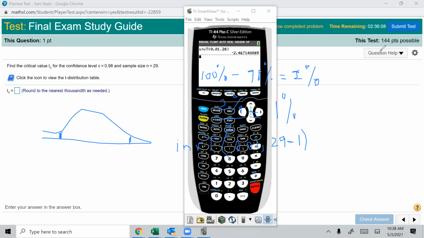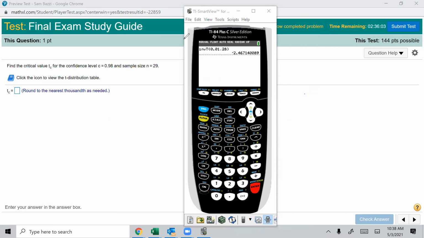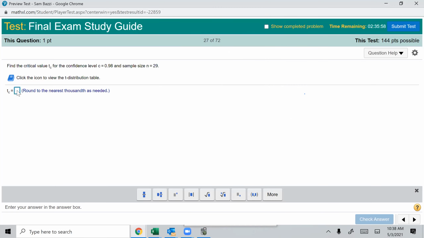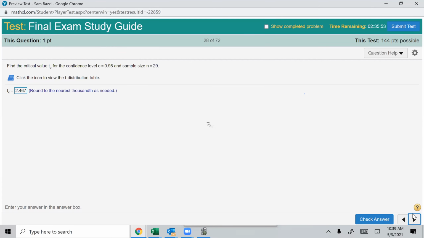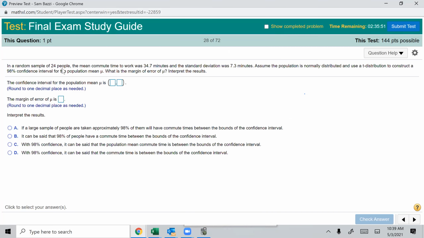All right. Let's clear all drawing. In a random sample of 24 people, the mean commute time to work was 34.7 minutes, and the standard deviation was 7.3.